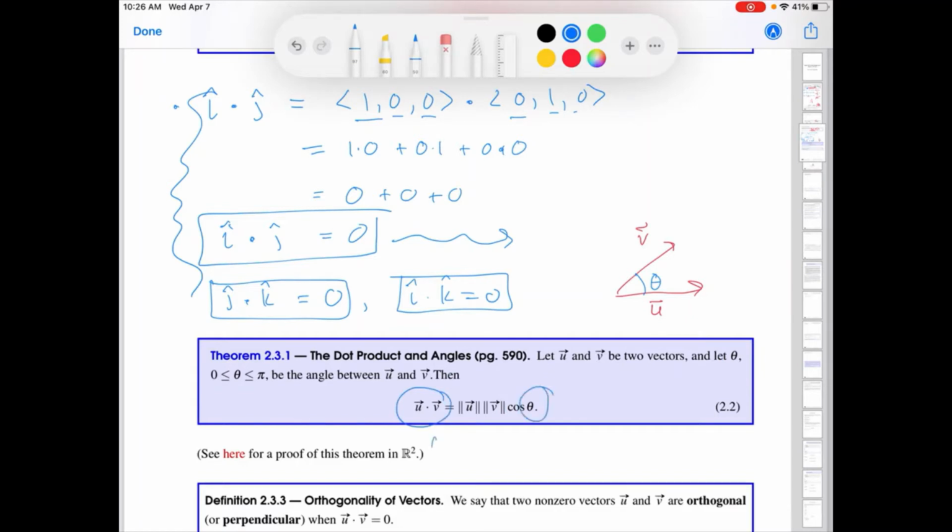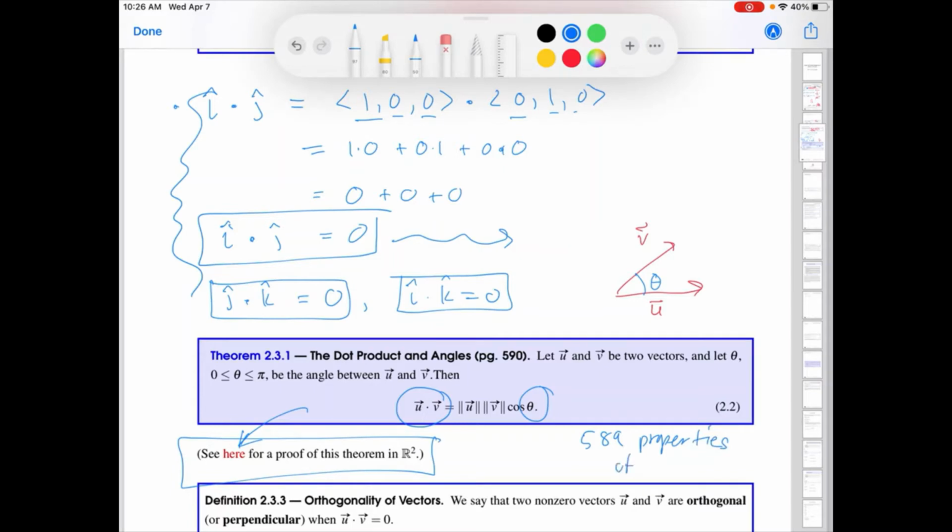There are various ways to prove this theorem. This link, if you follow it, you will see a proof of this theorem in R2. It's a little easier to visualize than a proof in R3. But if you are adept enough with the vector arithmetic that we just talked about in the previous video, and some additional properties of the dot product, which you'll find on page 589 of the textbook, then you will be able to do this proof without needing to visualize anything.